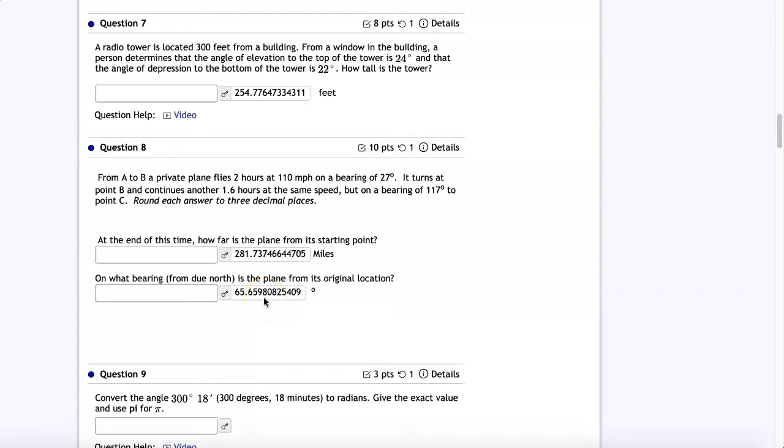But you see, if you try to round up, this 8 forces this 9 up to a 10, which would make this 5 a 6. So this answer turns out to be 65.660. So pay attention to your rounding. If you do make rounding errors, it's going to cost you a very small amount, so it's not the most important thing about this class.